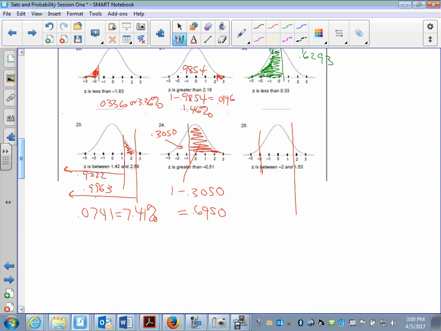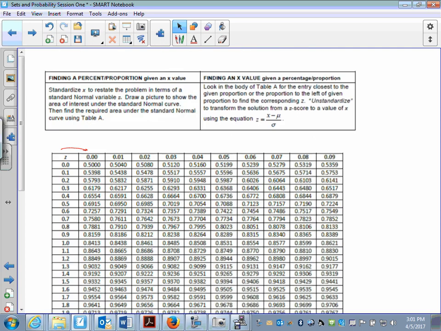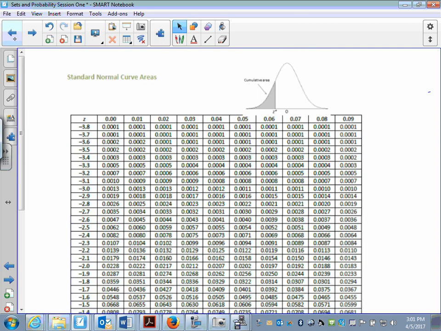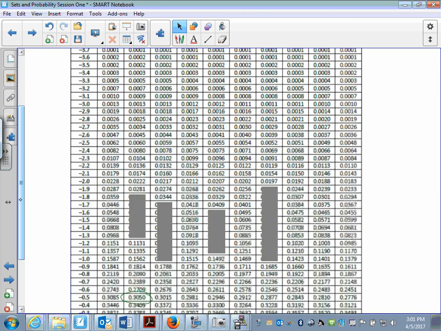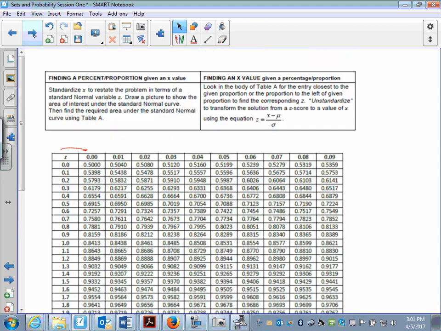Once again, this is the region we want, so we're going to find the amount less than negative 2 and the amount less than 1.53, and we're going to subtract that first amount from the second amount. So the area of negative 2.00 is 0.0228.